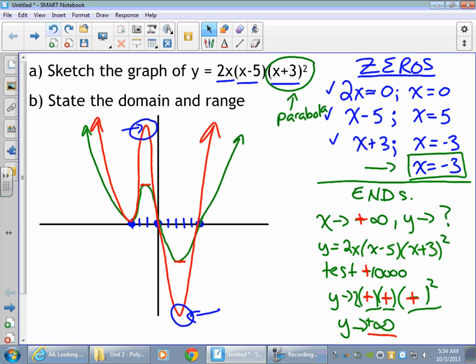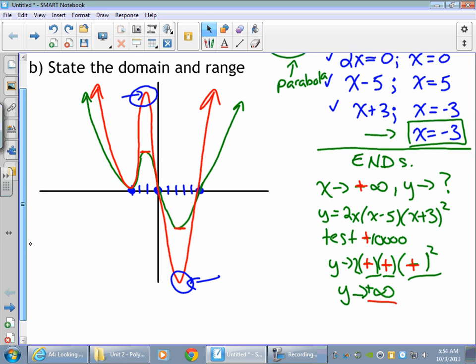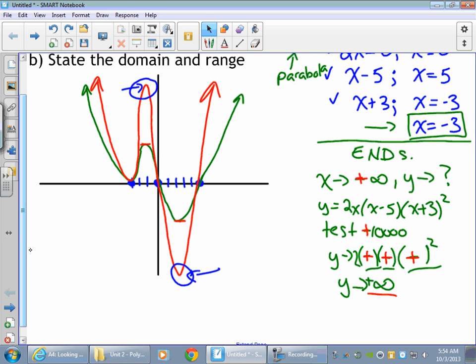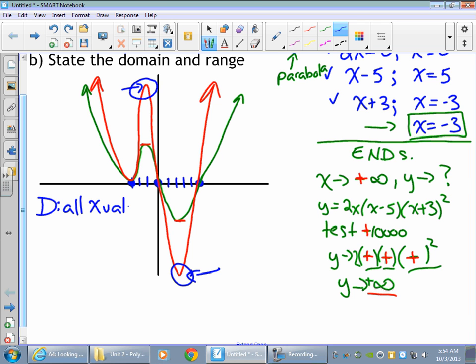State the domain and range. A quick refresher on those. Domain basically tells us about all the x values. What can we summarize about all the x values?